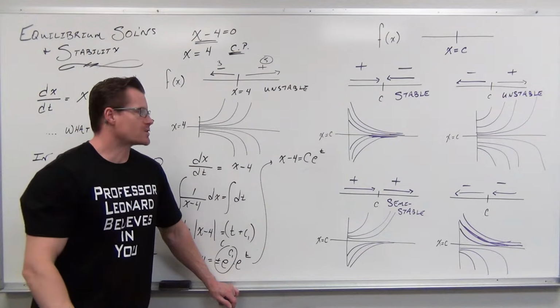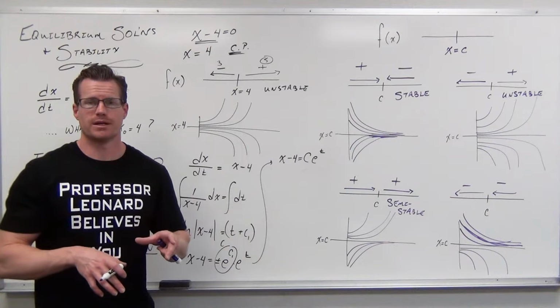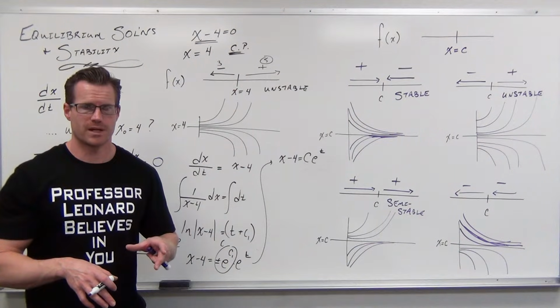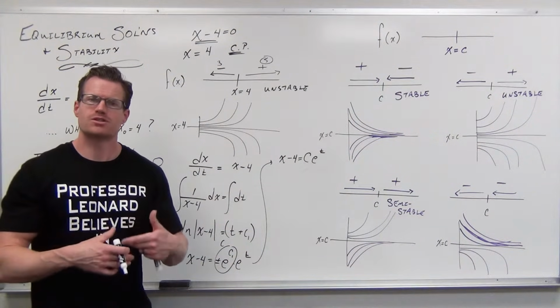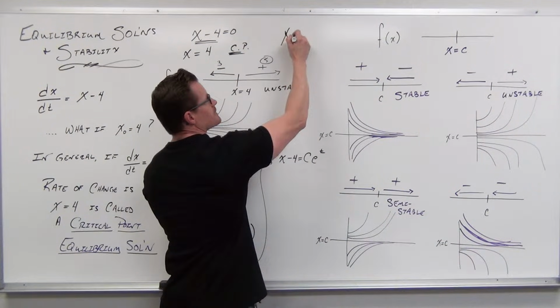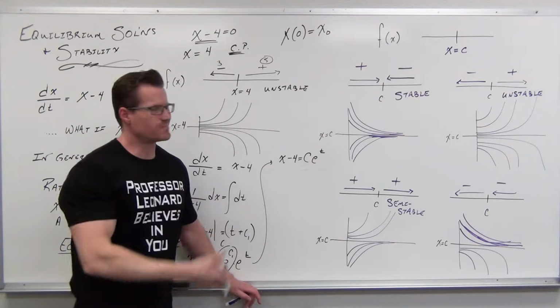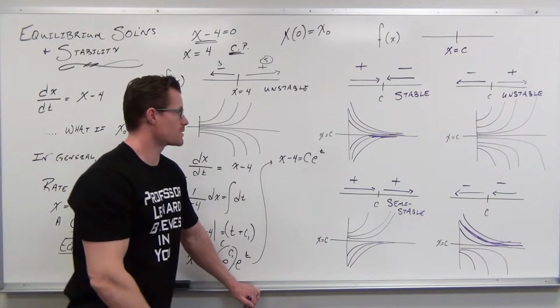I hope you remember. As soon as you get that arbitrary constant, especially when you have ln's, now we're going to plug in an initial condition. You go, what do you mean an initial condition? Well, let's just say that at x of 0, you have some sort of an initial condition. Just use that. Use the x sub 0.